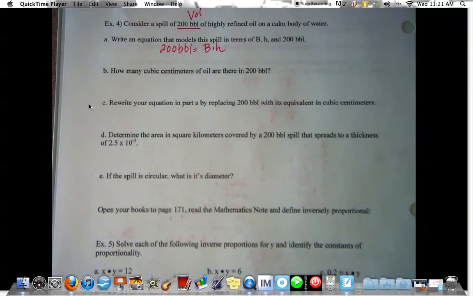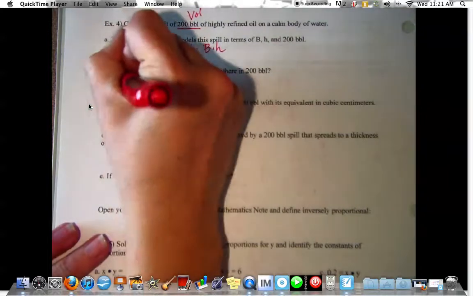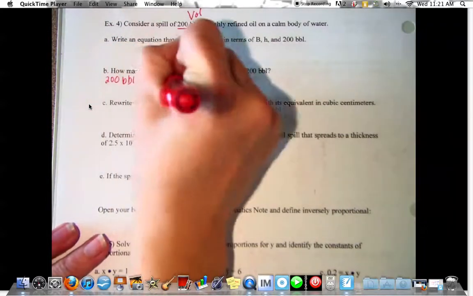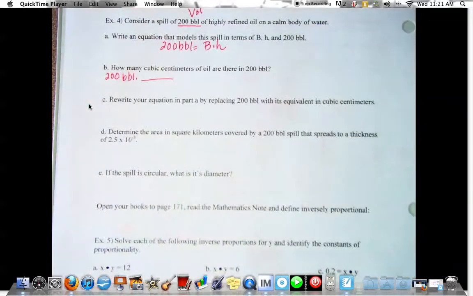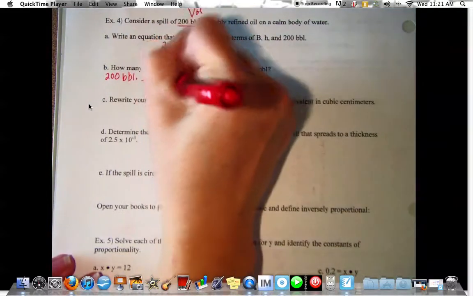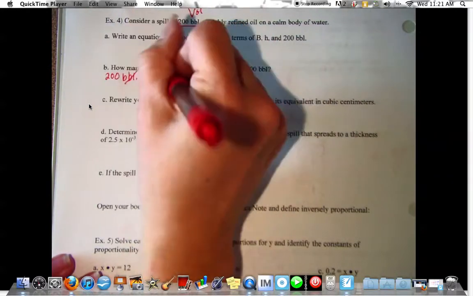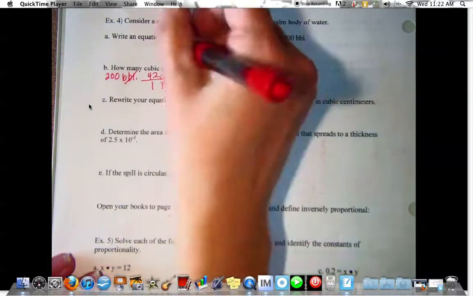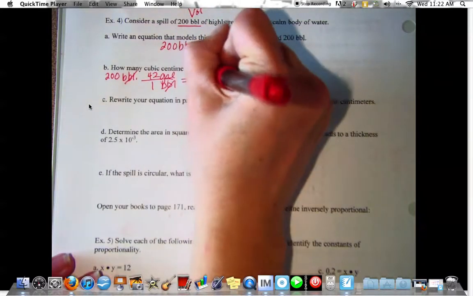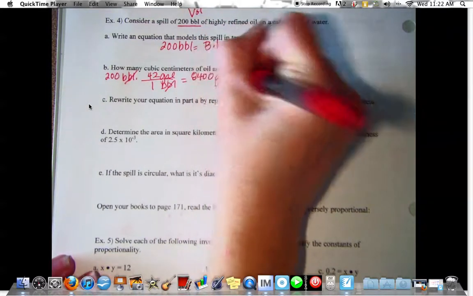How many cubic centimeters of oil are there in 200 barrels? So we have to convert 200 barrels. We can change barrels to gallons. 42 gallons in 1 barrel. Barrels cancel. 200 times 42, 8,400 gallons.